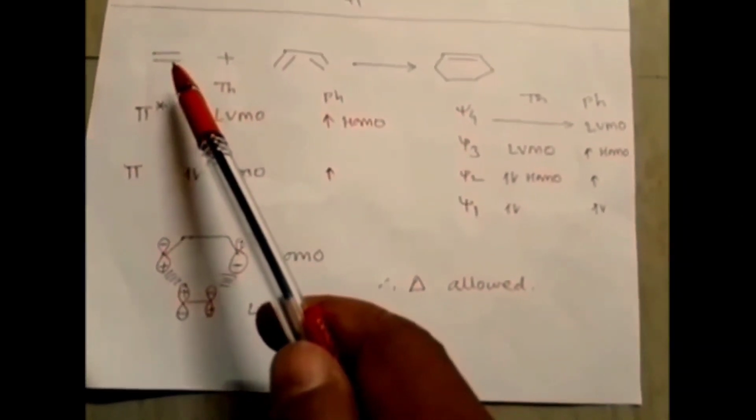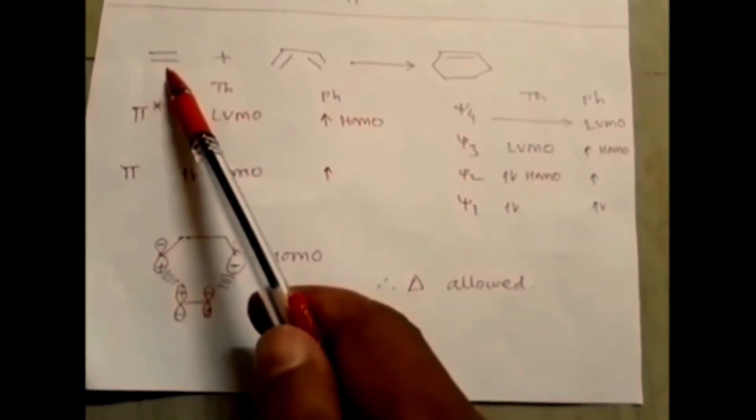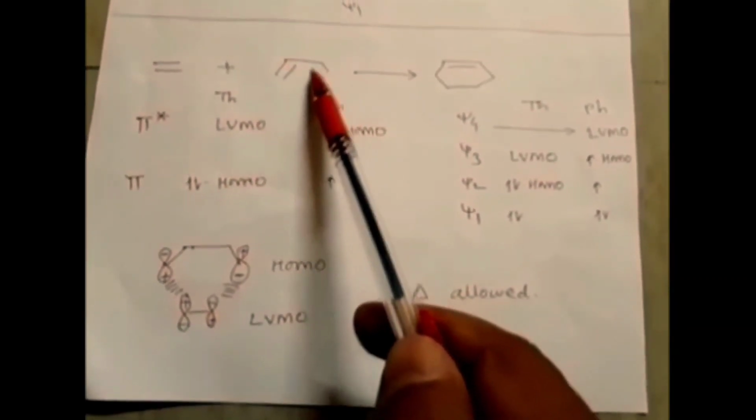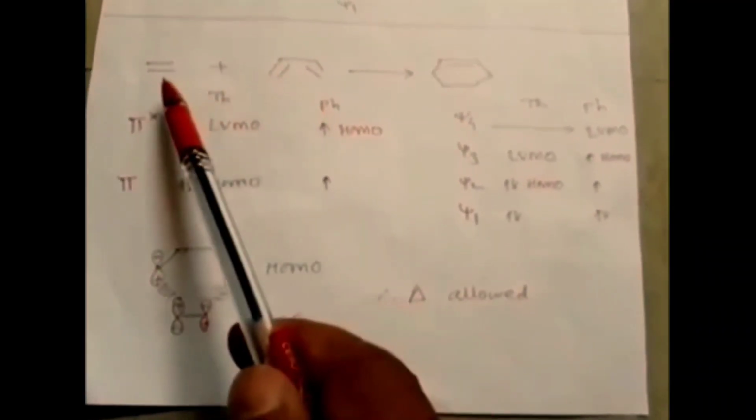Now let us discuss how this reaction is a thermal reaction. So friends, see the situation here. This is the pi electron and these are the 2 pi electrons. So here there are 2 electrons present in the bonding molecular orbital, whereas the anti-bonding orbital remains vacant. So this is HOMO and this is LUMO.